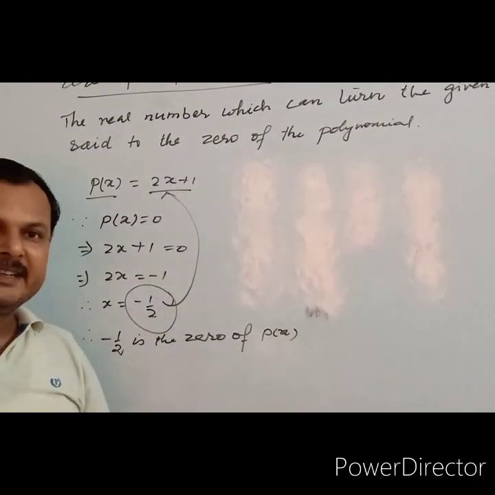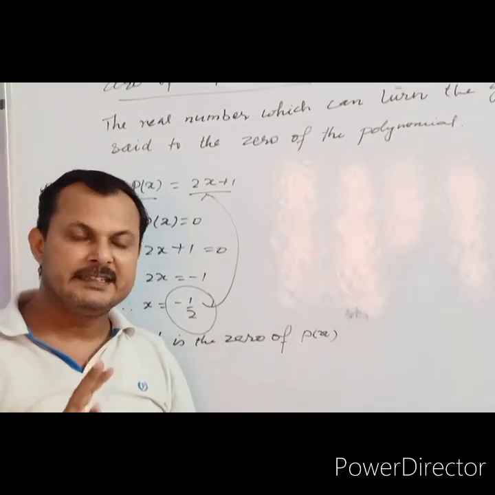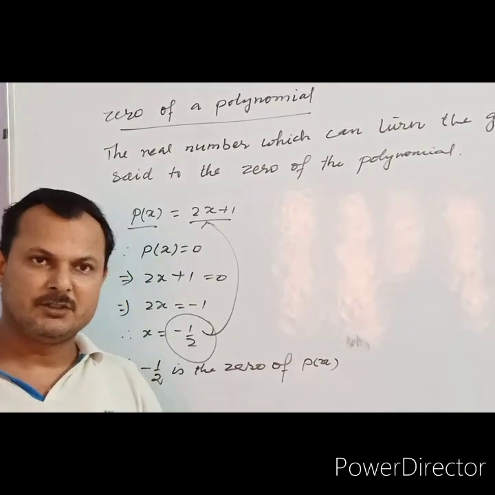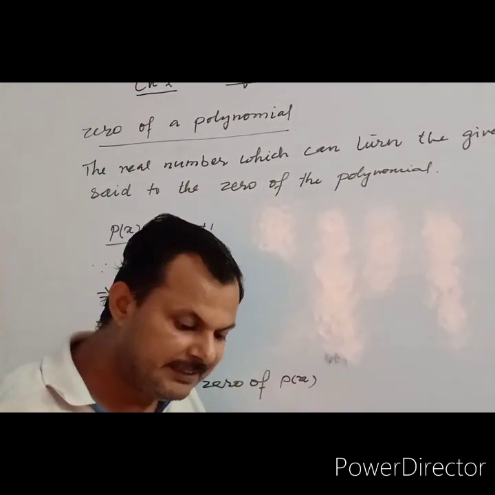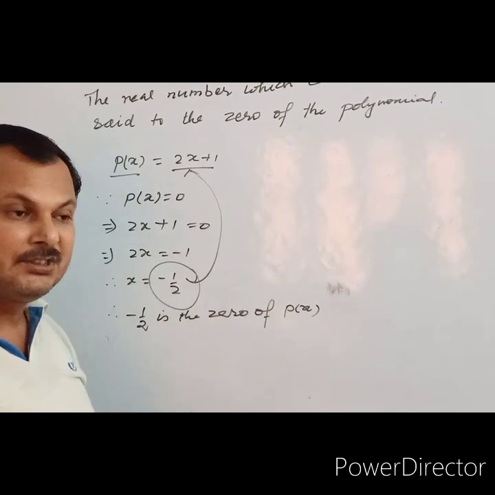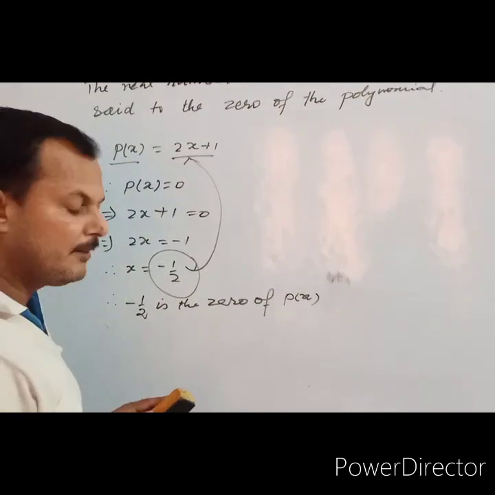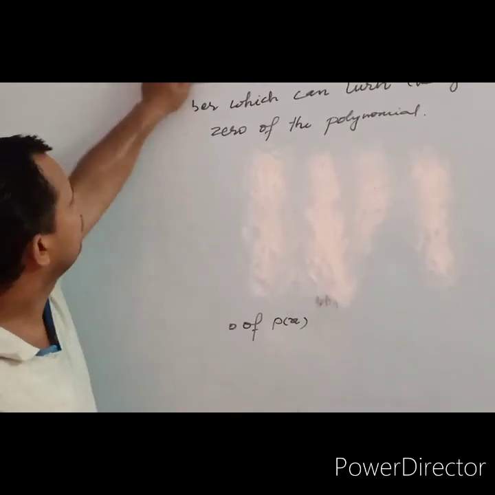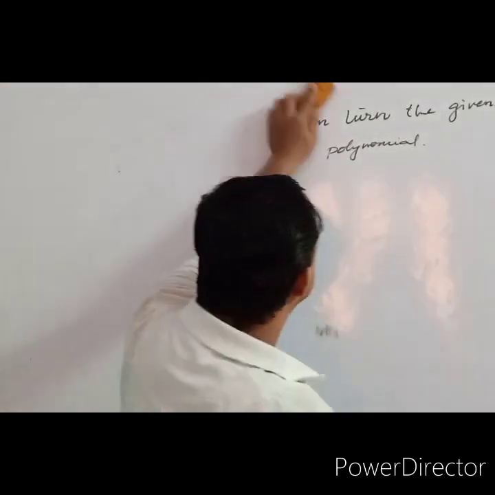You studied linear in class 9. Here you have to study quadratic, cubic and biquadratic polynomials. Now we have to find the relation between the zeros and the coefficients of a quadratic polynomial. Now I am going to show you how you can correlate.